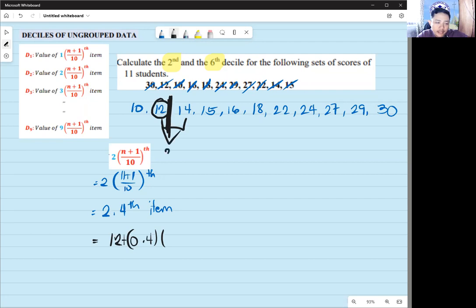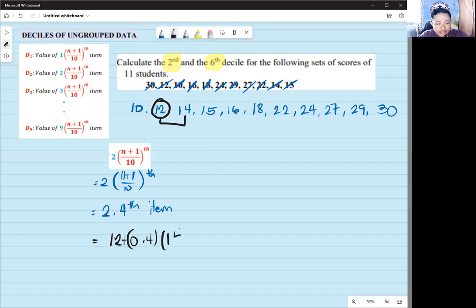This is our second decile. It's 2.4. This is 1. This is 2.4, somewhere over here, but we have no value there. So that's what we will be solving. So what we will do next is 0.4 times the difference of these two values.